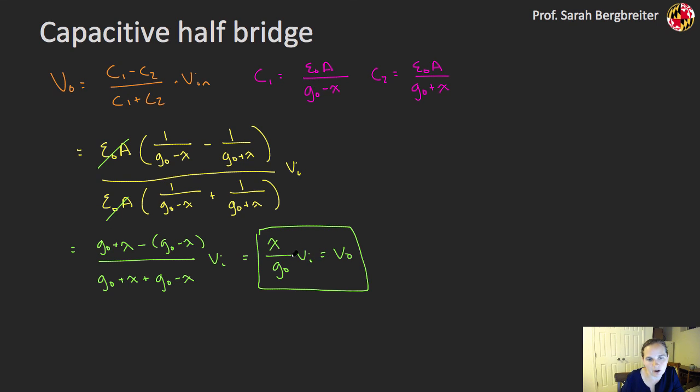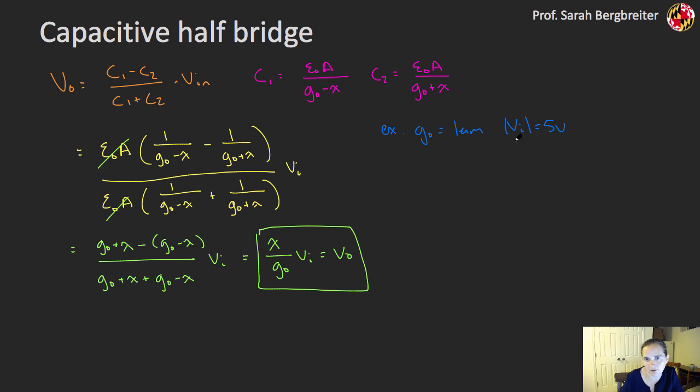So my Vout is going to be a fraction of Vin based on what X is, the displacement, relative to that initial gap. So a quick example of what this means: if I have an initial gap of 1 micron, say, and I have a Vin amplitude. So the amplitude, remember this is an AC signal because these are impedances, DC doesn't work here.